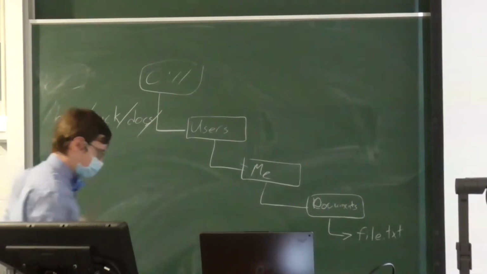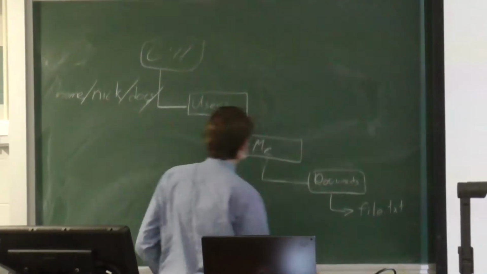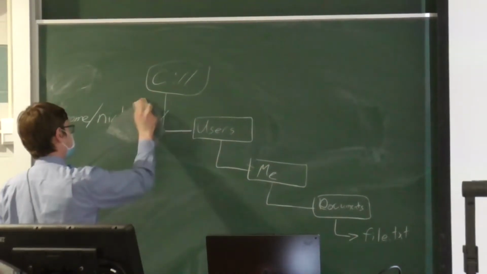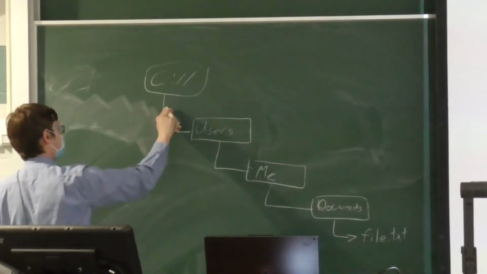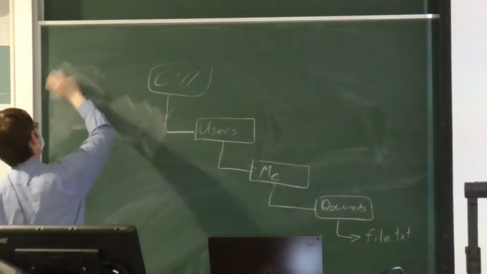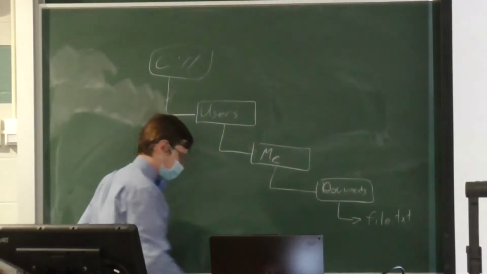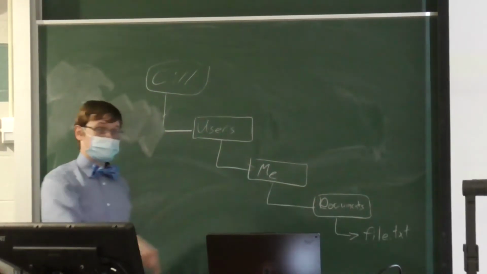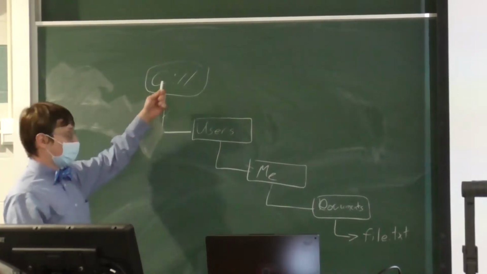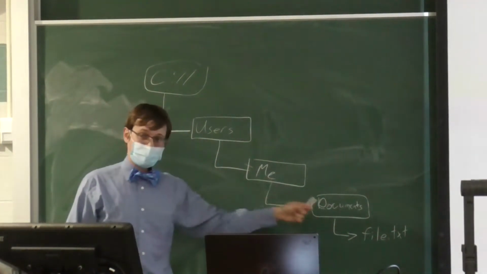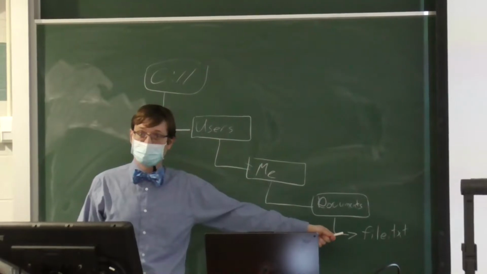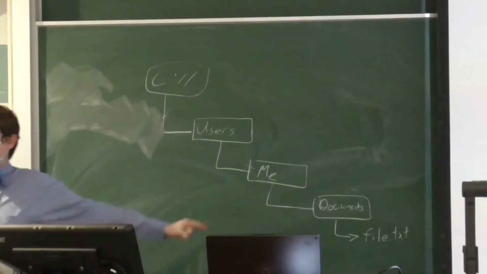So that's absolute addressing, right? It's absolute because it doesn't matter where the calling program is located inside of the file system hierarchy. You always have the exact path to the file you're looking for, right? So that's absolute addressing.